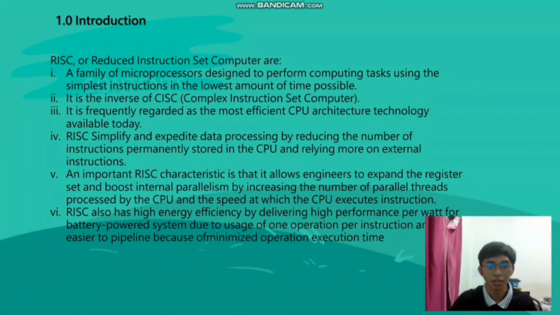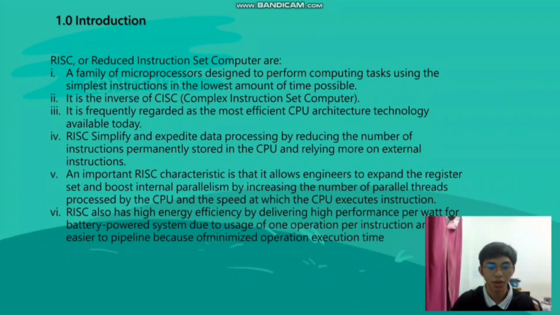The design utilizes a set length of instruction and it's easier to pipeline. Operation execution time is minimized, it supports more registers and spends less time loading and saving items in memory since it lacks complicated instruction decoding circuitry.